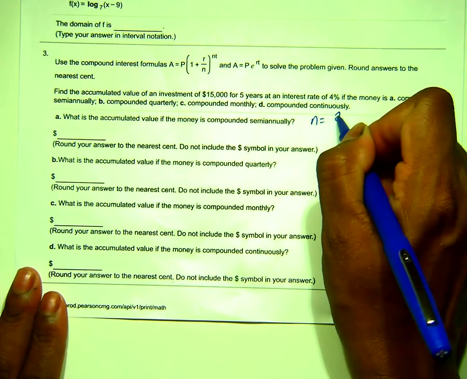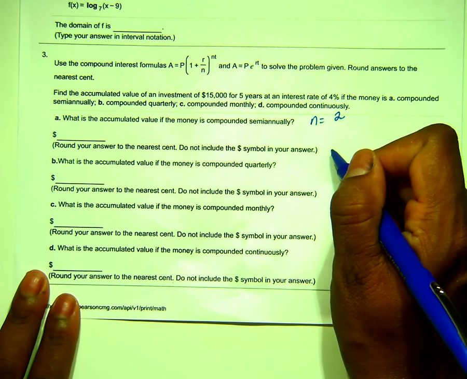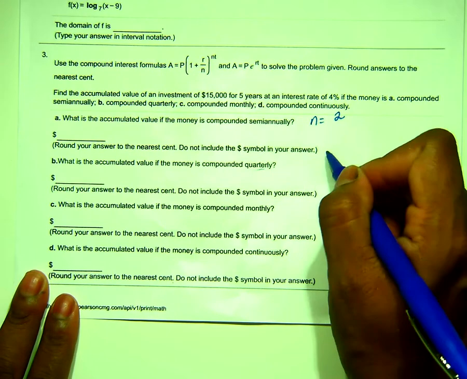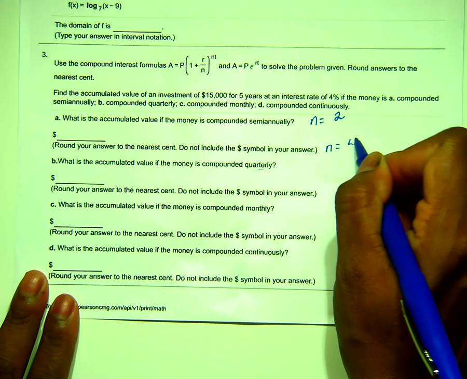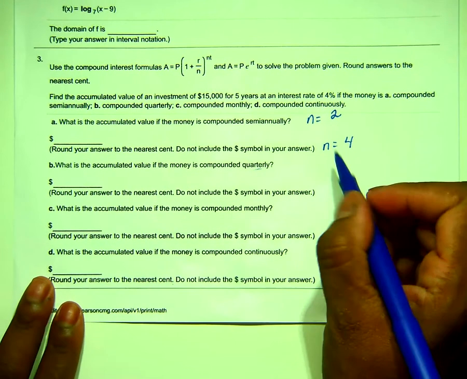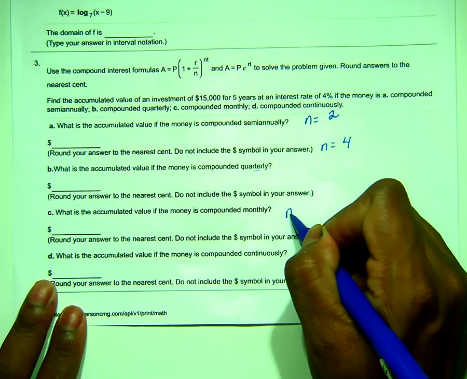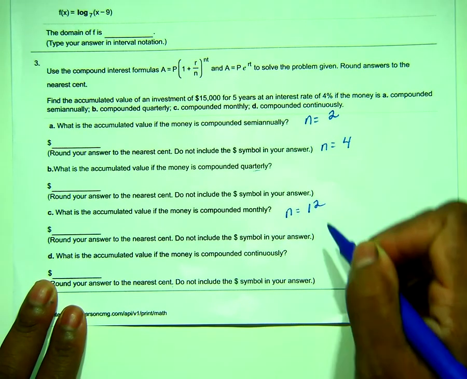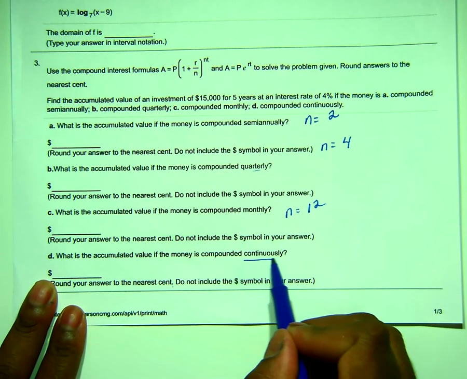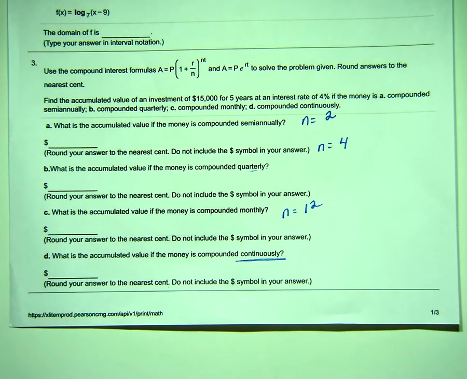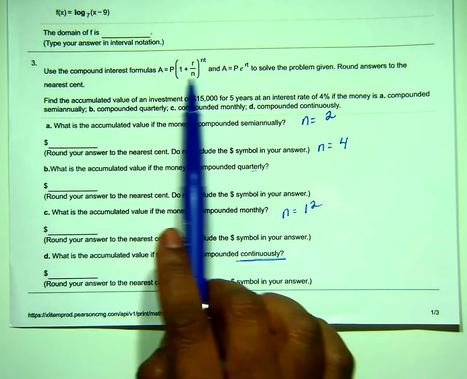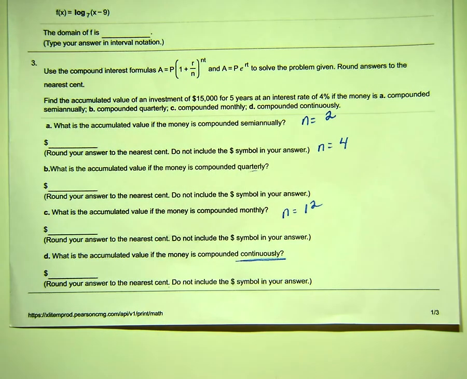That means it's twice a year. When it is quarterly, we know that n is 4. When it is monthly, we know n is 12 because it's 12 months out the year. And then we have continuously. So that's a completely different formula. Note that the formula is already given to you. So pretty much we're doing substitution for each one.